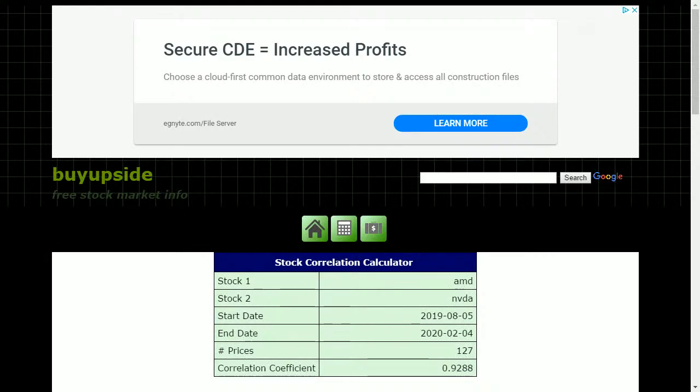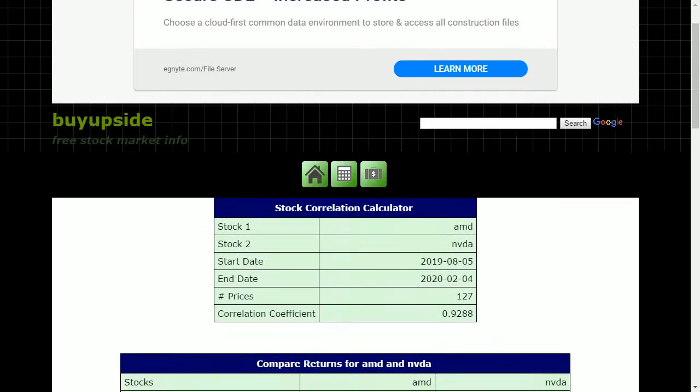Now, a reading over 90 is high, and you can see that AMD and Nvidia move similarly on the same day a very high percentage of the time. The closer you get to one, that'd be perfectly in tandem, so cent for cent or percent for percent, they move with each other. So a reading over 90 is very, very high.